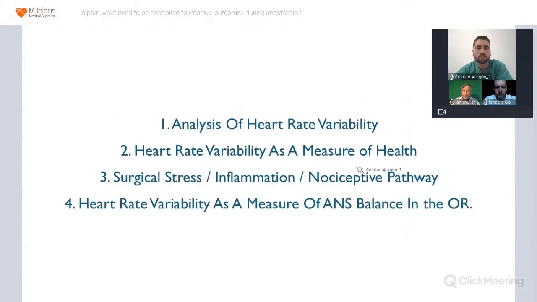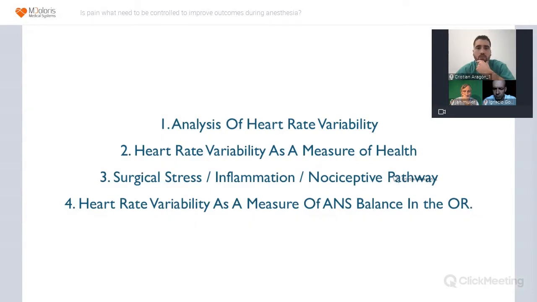These are the 4 points that we are going to see during this next half hour. First of all, I'm going to explain to you what the heart rate variability is, some anatomical and physiological concepts, and how the spectral analysis allows us to infer the state of the autonomic nervous system.